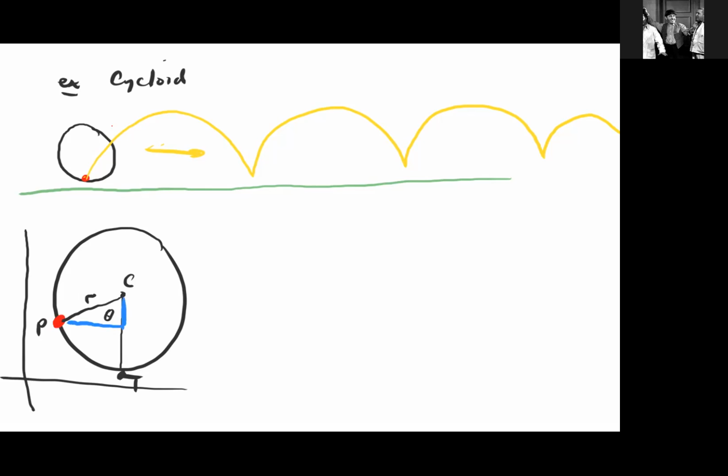Theta, by the way, is the central angle that was made. Theta would be this angle here. So let me indicate that. That would be theta. Then let's call this point here Q. So theta is the angle of rotation.